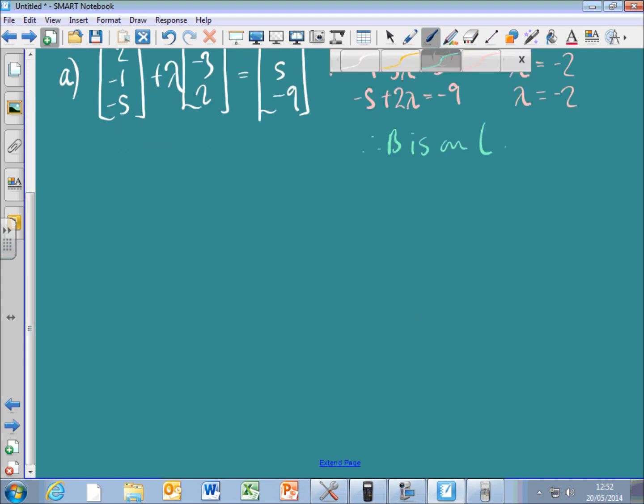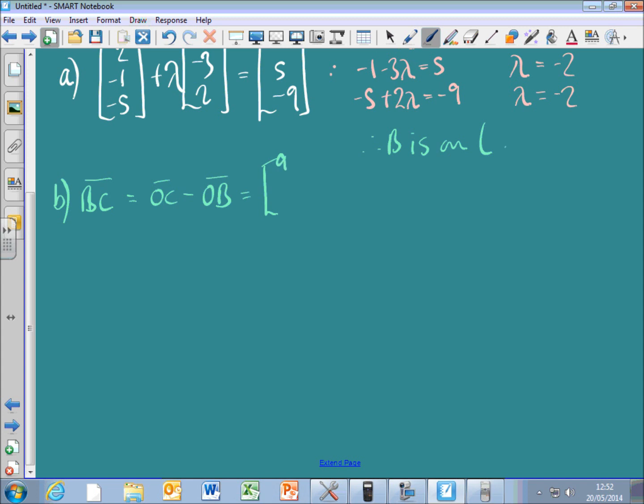So for part B, we want to find the vector B to C. Well, B to C is O to C take away O to B. And I've got both of those things. O to C is (9, 2, 3), and I'm going to take away O to B, which was (0, 5, -9).